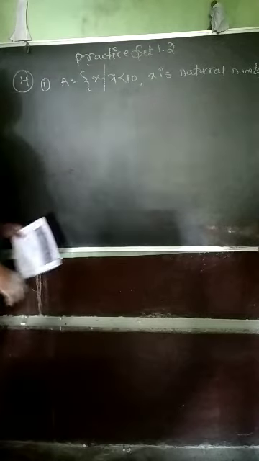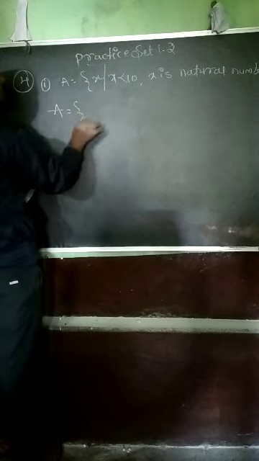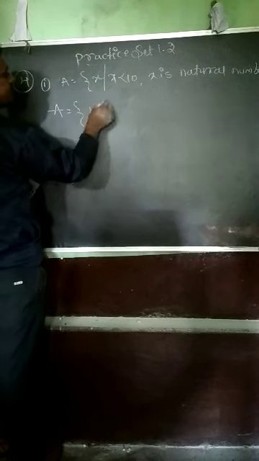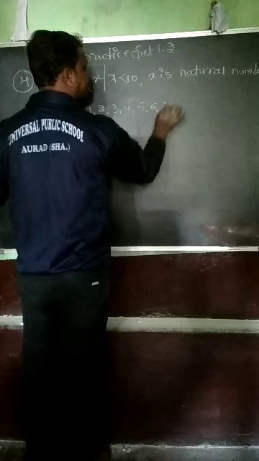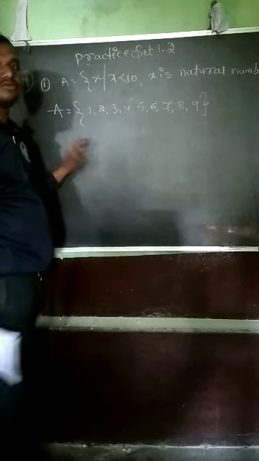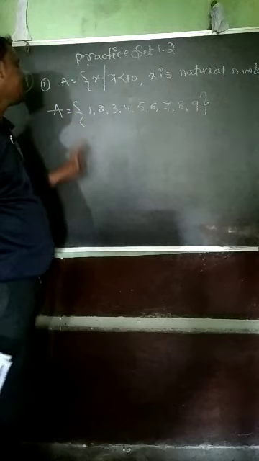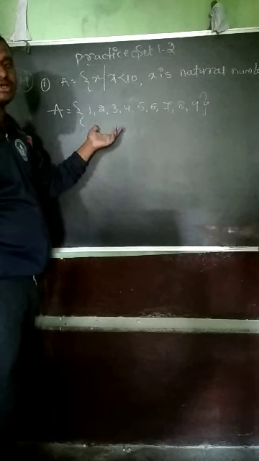See here, so solution of this question: x is less than 10 and x is a natural number, so 1, 2, 3, 4, 5, 6, 7, 8, 9 which are less than 10. Right? So we have to tell whether it is finite or infinite and write the reason. See, up to 1 to 9 we will count it. Right? So it is a countable set. Right? Now write the reason here.